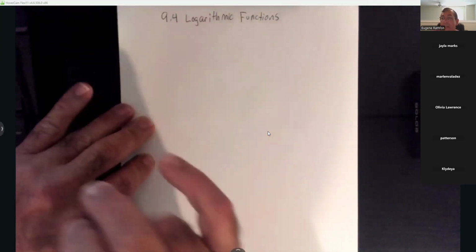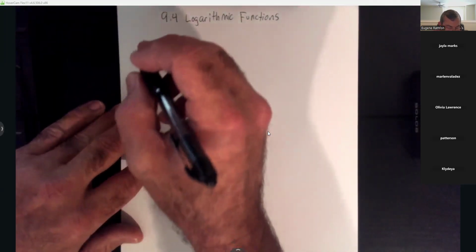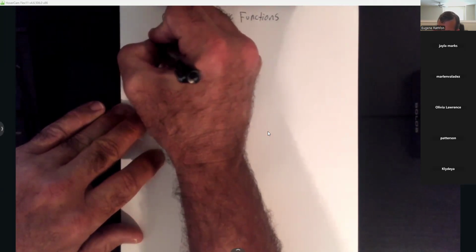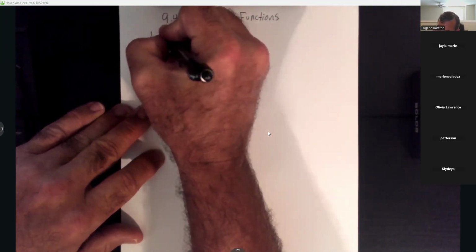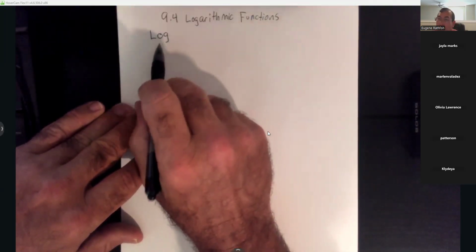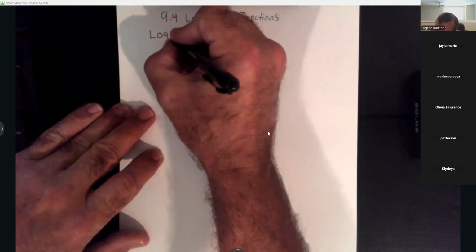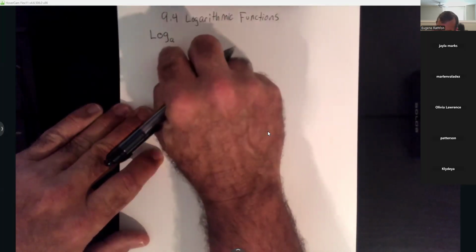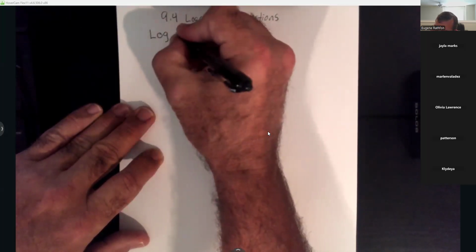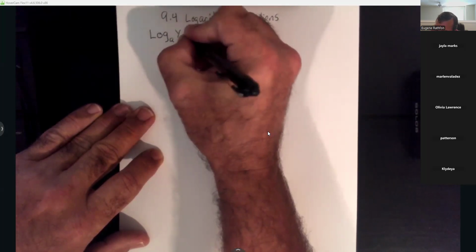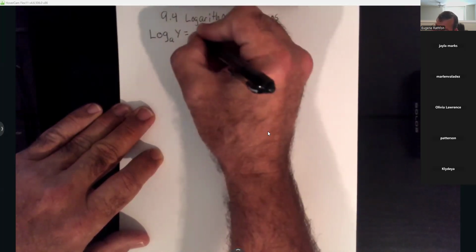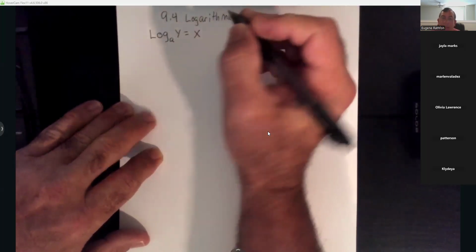All right, y'all, so let me describe what a logarithm is. So we write log to represent logarithm. It'll have a subscript, a, and then y, and that's going to equal x.